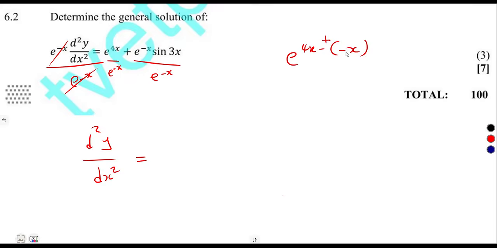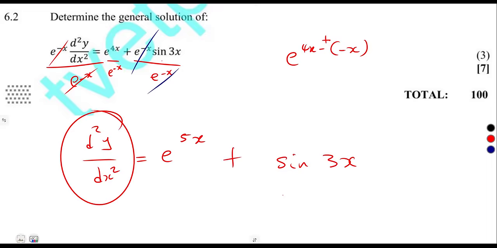So 4x plus x is 5x, e to the exponent of 5x. These two, e to the exponent of minus x and e to the exponent of minus x, we simply cancel. You remain with the sine of 3x, which we can now integrate separately until we have y equal to something.